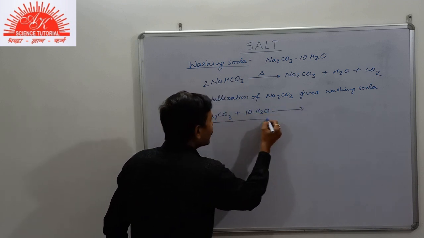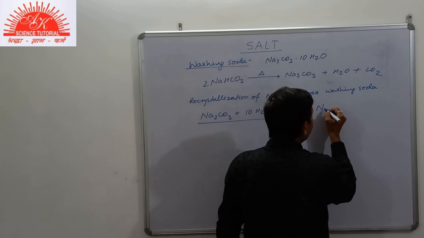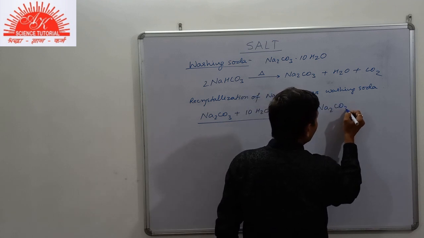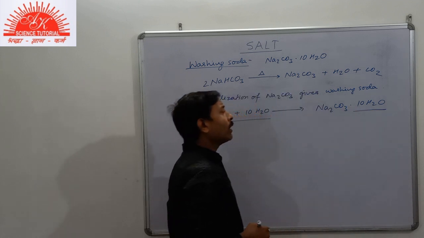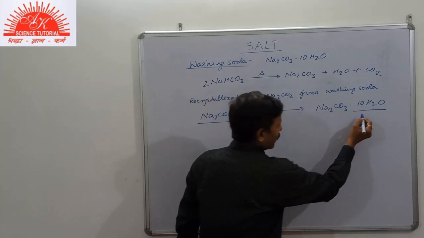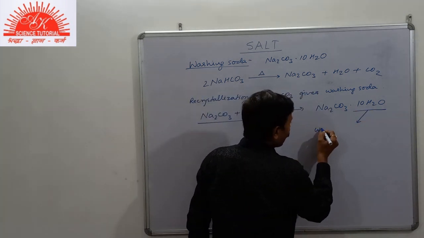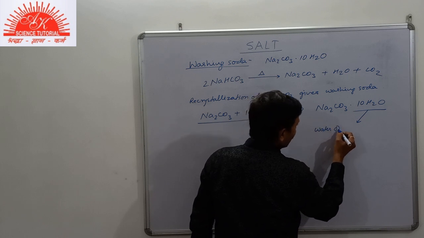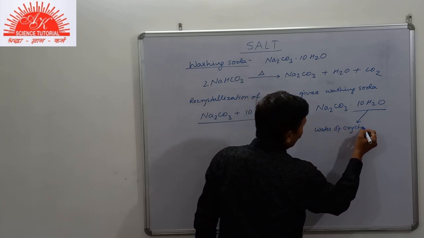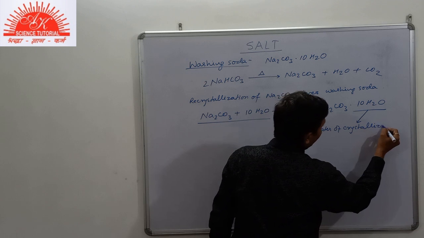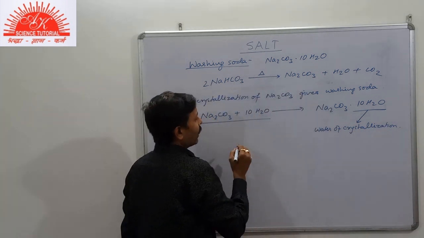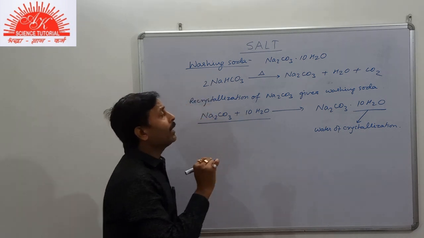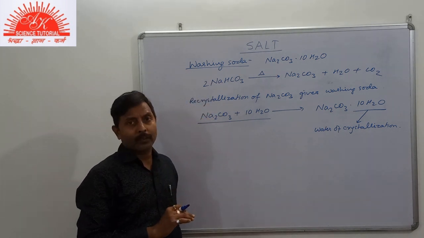On crystallization of this solution, it gives Na2CO3.10H2O. Now, what is the 10H2O known as? This is called water of crystallization. Now, this washing soda is also mild alkaline in nature.